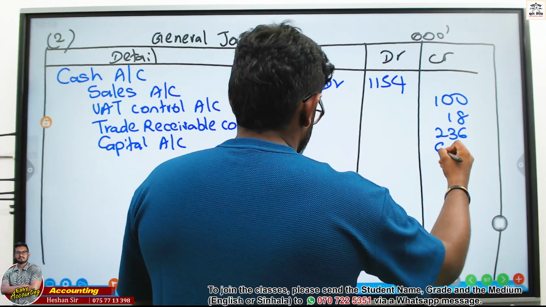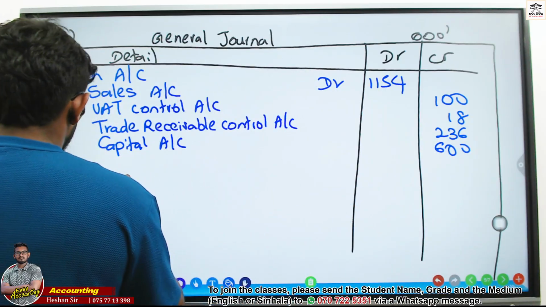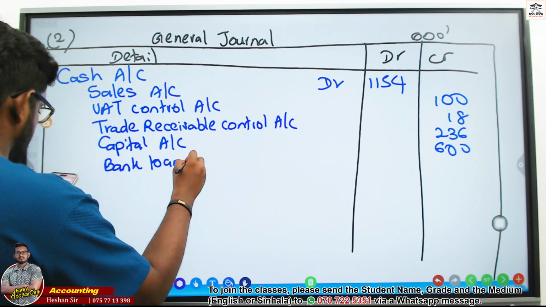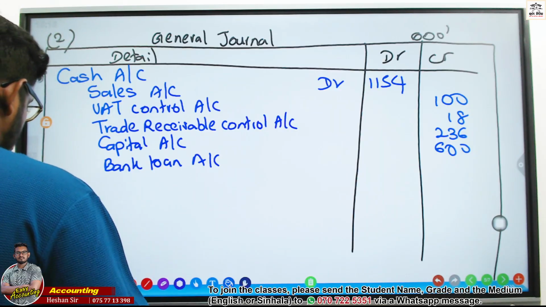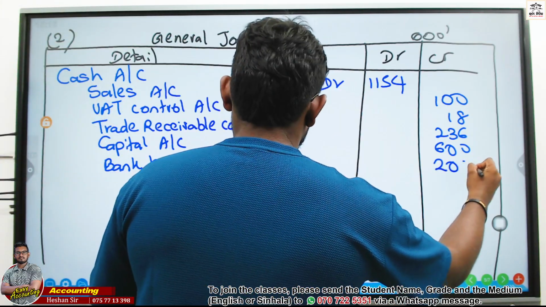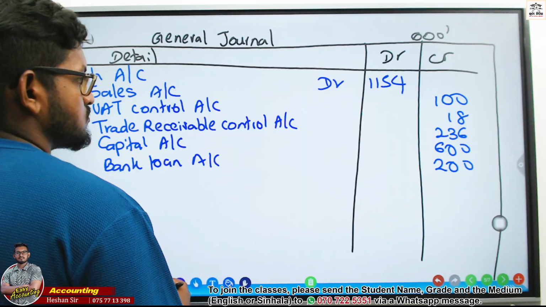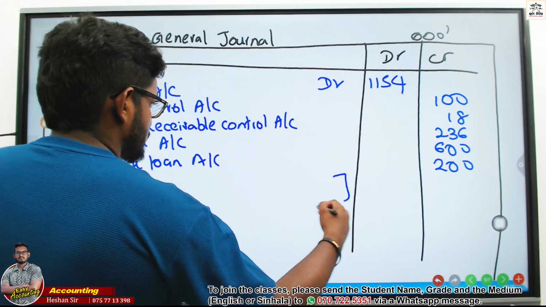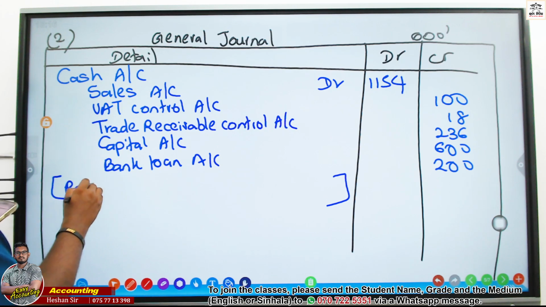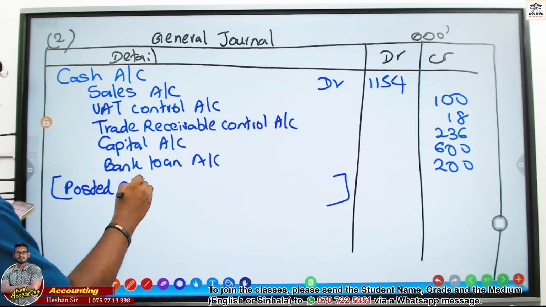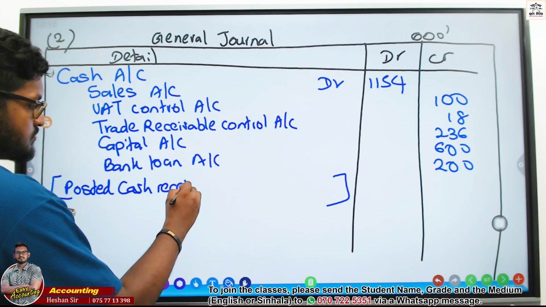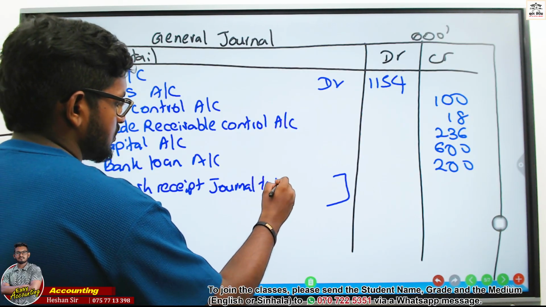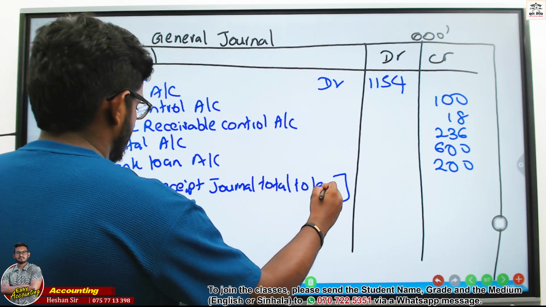Account debit 600 and the bank loan account. And you can write posted cash receipt journal total to ledger.